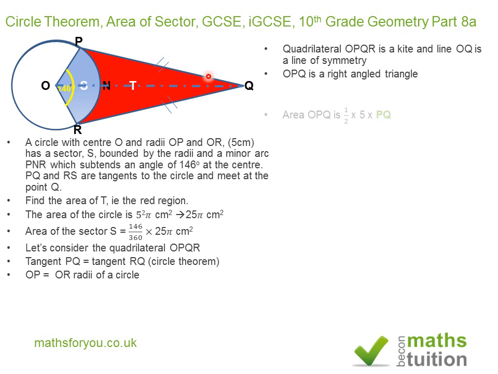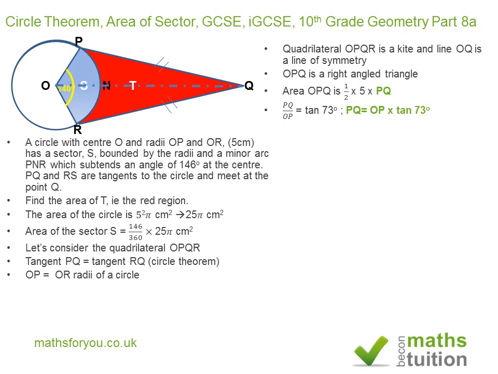Moving on from that, if you find the area of the triangle OPQ, that will be a half OP times PQ. But the problem is we have no idea what the value of PQ is. We're not given that. So we now have to rely on a trig function, because PQ divided by OP will give us the tangent of 73 degrees.